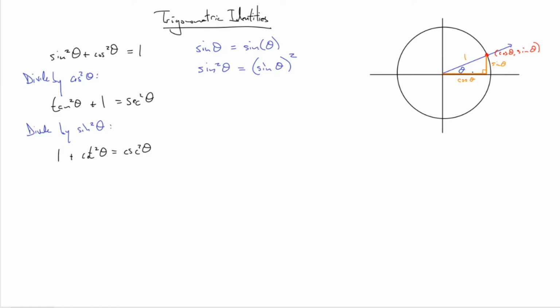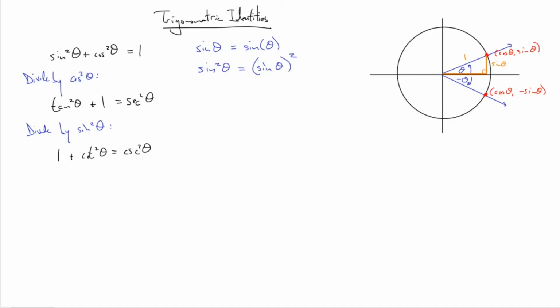You can also see from the picture on the right that if we start with some angle theta going in the counterclockwise direction, and we look at the angle negative theta, which is the same angle but going clockwise instead, then that angle intersects the unit circle at the same x value, so has the same cosine, but at the same y value in the other direction.